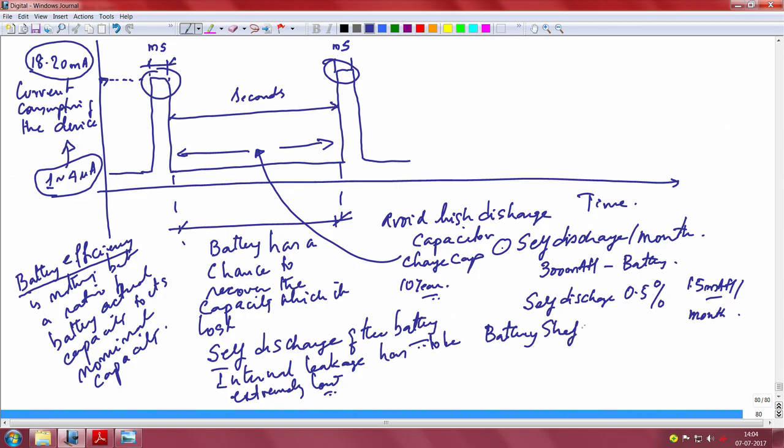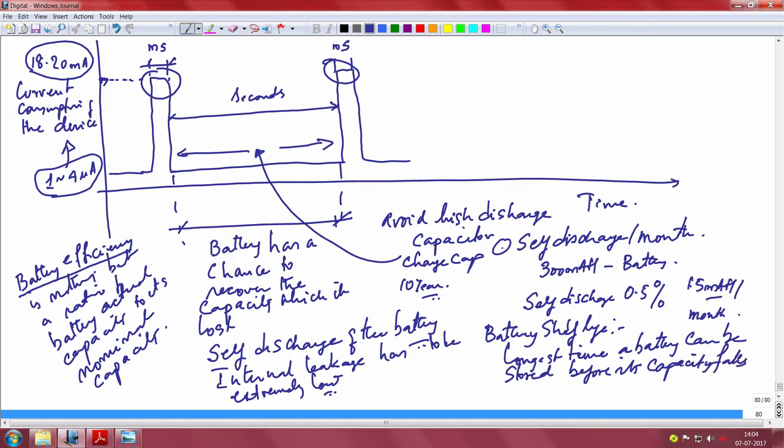This is nothing but the longest time a battery can be stored before its capacity falls below 80% of its nominal value capacity.